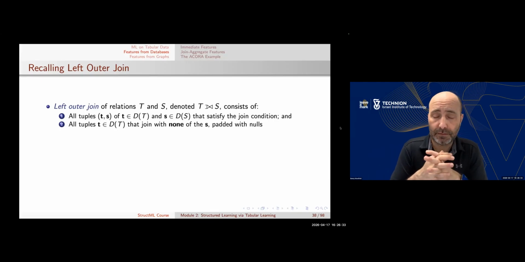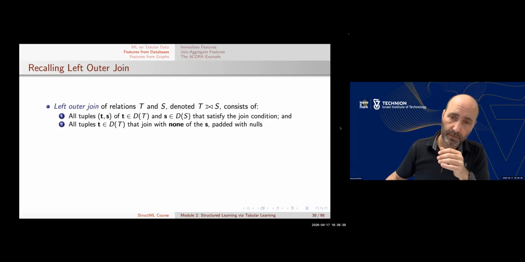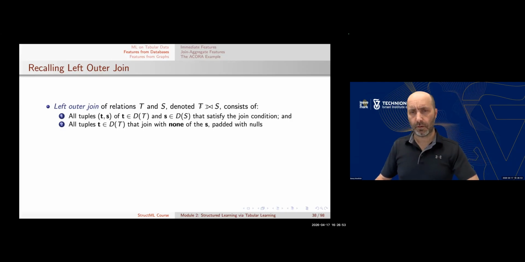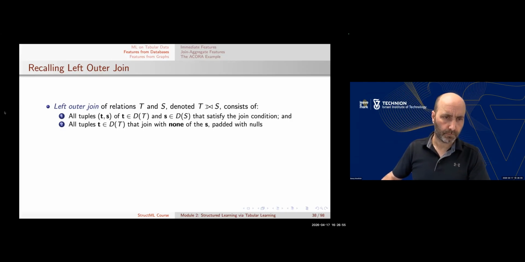But if you have a tuple T that joins with none of the tuples of S, then you add it there and pad it with nulls. That's why we have this notation here, which is not symmetric, because it doesn't treat T and S in the same way. You preserve all of the information in T, but not necessarily all of that of S.